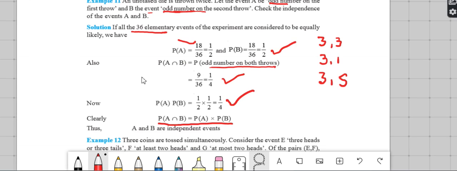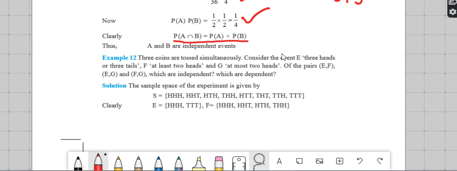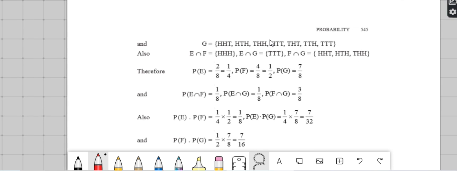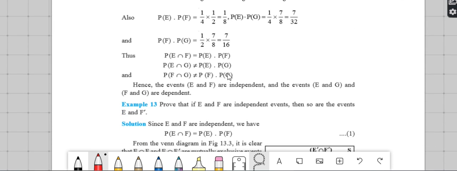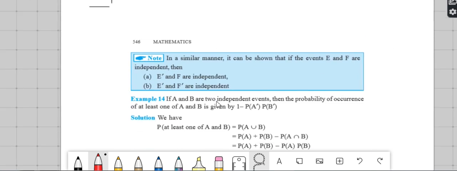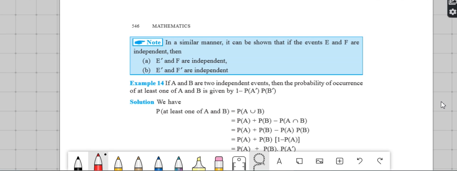Alright, so now I am not discussing all the questions. We will discuss exercise 13.2 in the next lecture, but please kindly remember this one.